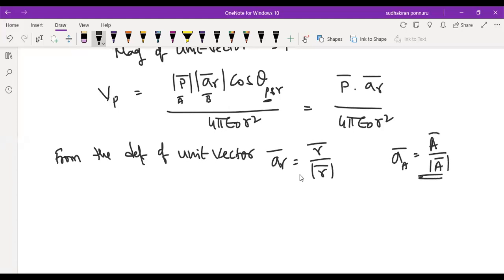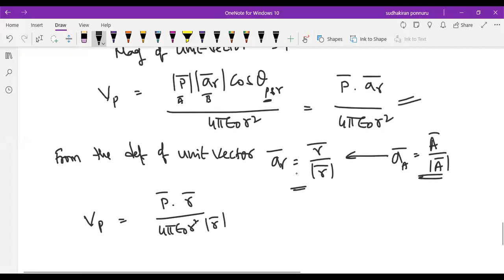So applying this unit vector formula on the R vector, that value will become A_R bar is equal to R bar by modulus of R bar. Now I am going to substitute the value of A_R bar in this expression. Therefore the above expression will become Vp is equal to P bar dot R bar divided by 4 pi epsilon naught R square modulus of R bar.